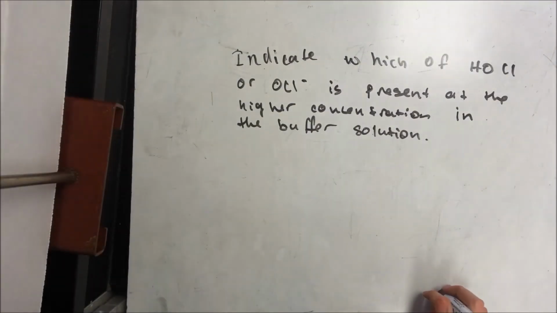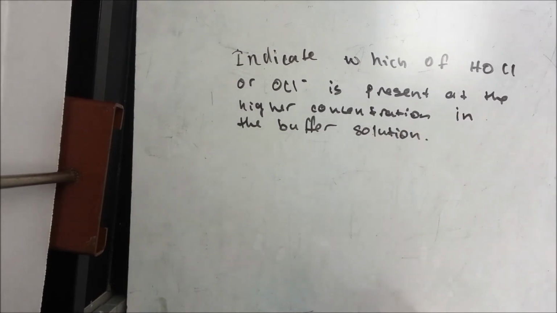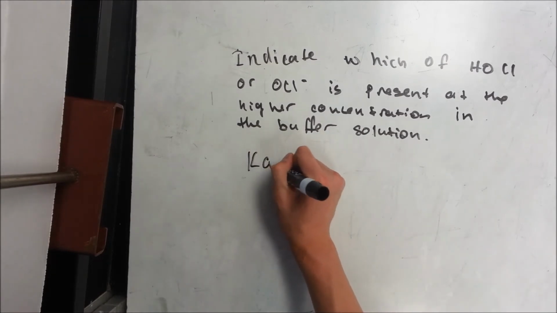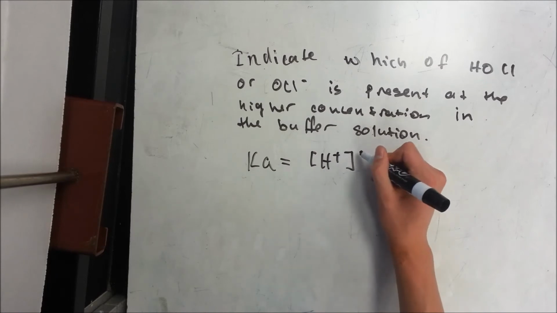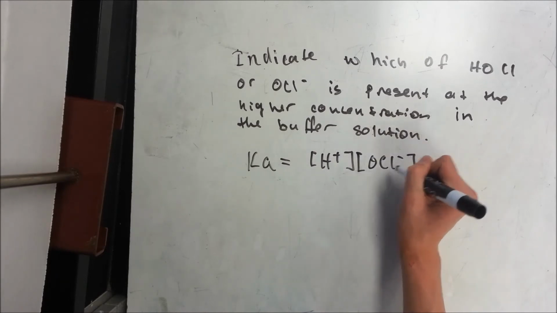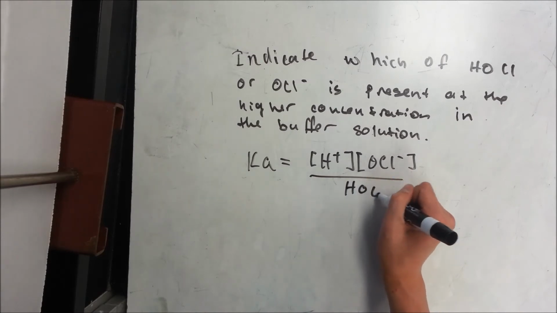So moving on to the last part of question number 1, we're asked to find which of the following, HOCl or OCl minus, is present in the larger concentration in the buffer solution. We know that Ka is equal to products over reactants, which is H plus times OCl minus over our reactant, which is HOCl.